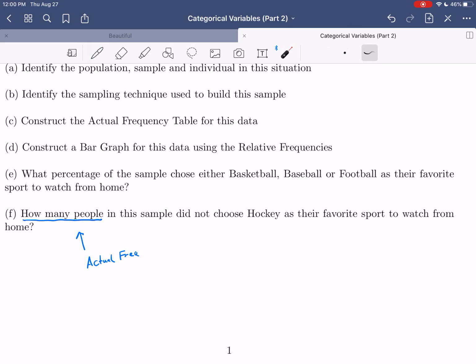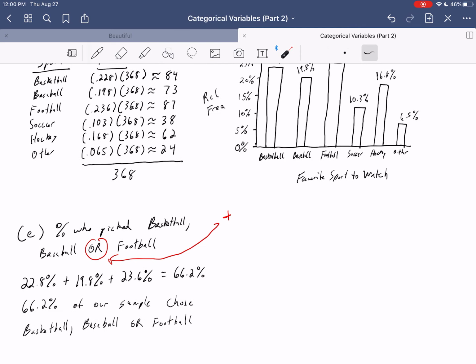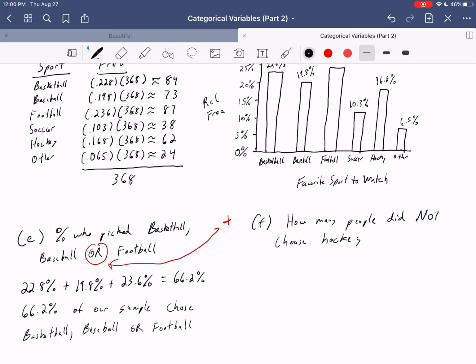And we want all the people that did not choose hockey. So let's go ahead and do that. For F, how many people did not choose hockey? Well, there's two ways we could do that. We could simply go through and add up everybody who did not choose hockey.